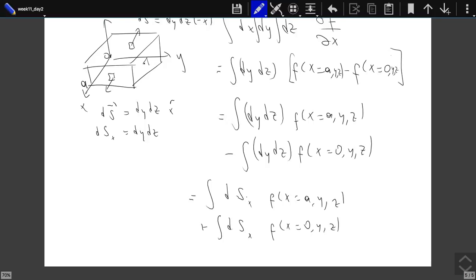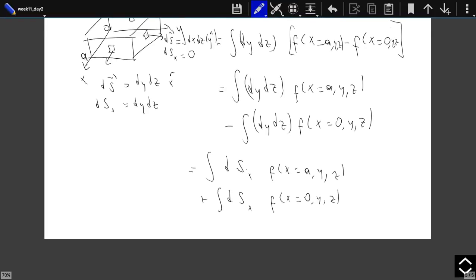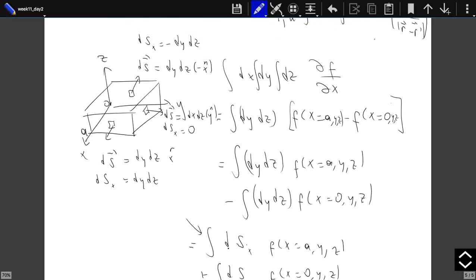Let me take a patch over here. This is the direction of dS, which will be dx dz in the y-hat direction. So dS x will be 0. Now let's see. The first term in this integral is the surface integral over this surface.